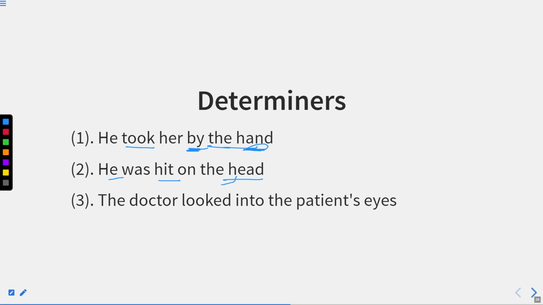It means we are talking about his head only. Here I need not write his head, because obviously if I'm saying on the head, I'm talking about his head only. Now, the doctor looked into the patient's eyes. So if a preposition has been used, we can use the in between.